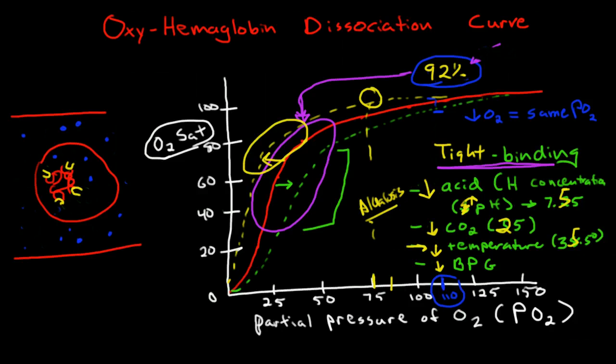So even as the PO2 level drops down to the normal 40 or 50, the oxygen is going to cling onto this hemoglobin, and very little of the oxygen is going to be available to be delivered to the tissues. So a state of alkalosis or hypothermia can give you a false sense of security because your oxygen saturation reading may look just hunky-dory, but the tissues, on the other hand, are starving for oxygen.